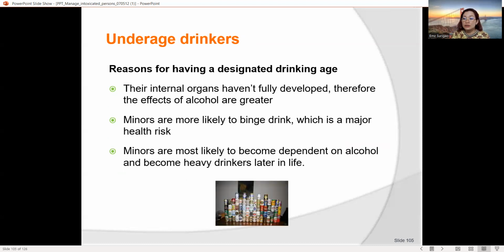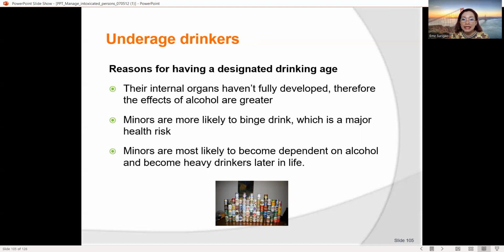Reasons for designated drinking age. Their internal organs haven't fully developed, therefore the effects of alcohol are greater, especially on their liver and lungs. Minors are more likely to binge drink, which is a major health risk, so they take more alcohol in a period of time.